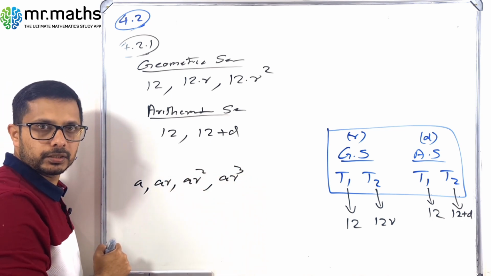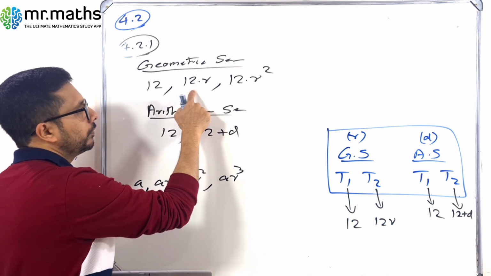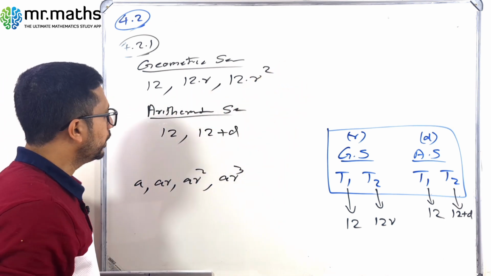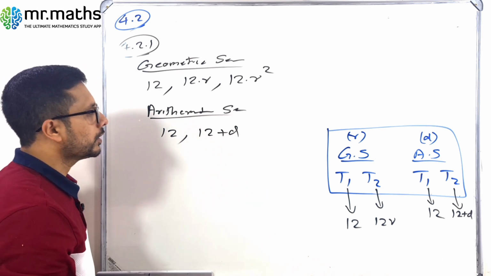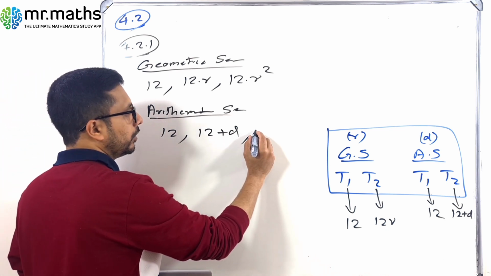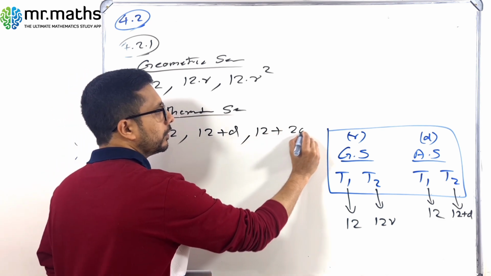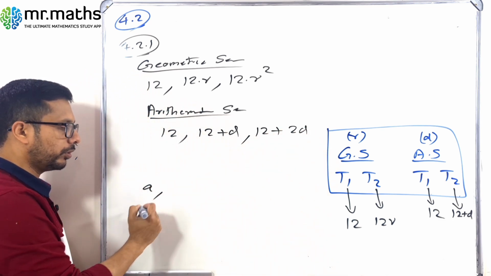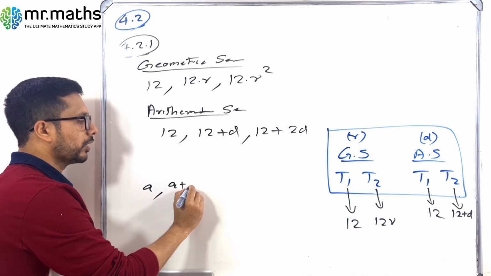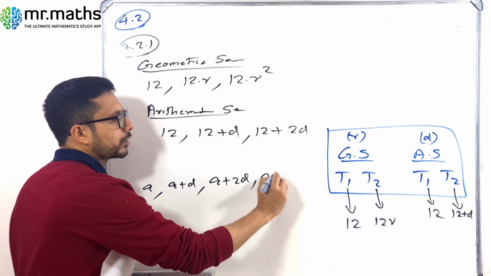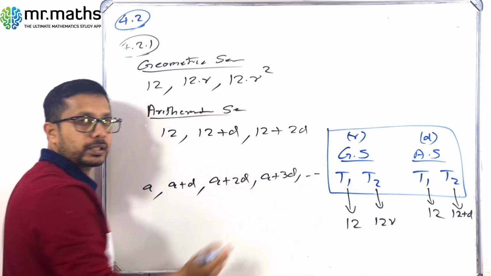So 12R square, 12R cube, like that. Then arithmetic sequence, how can you write the third term? 12 plus 2D. Do you remember the arithmetic sequence is going like this: A plus D, A plus 2D, A plus 3D.